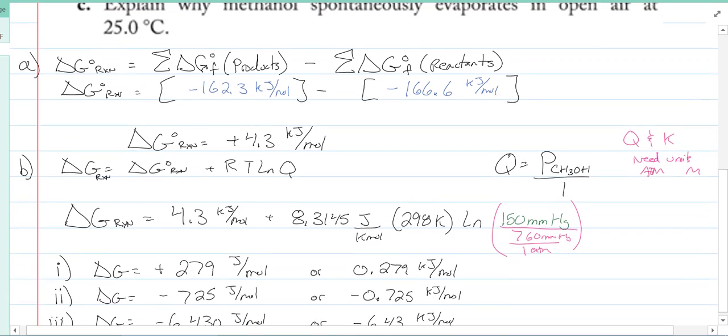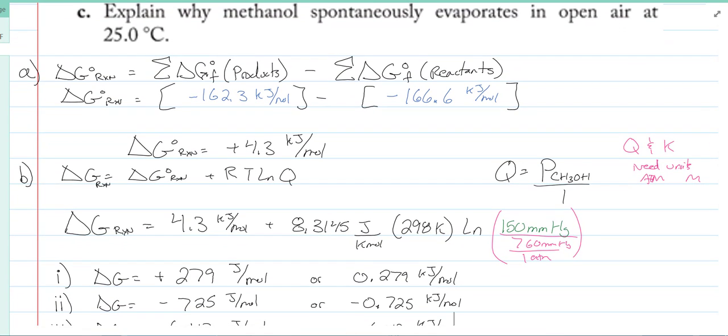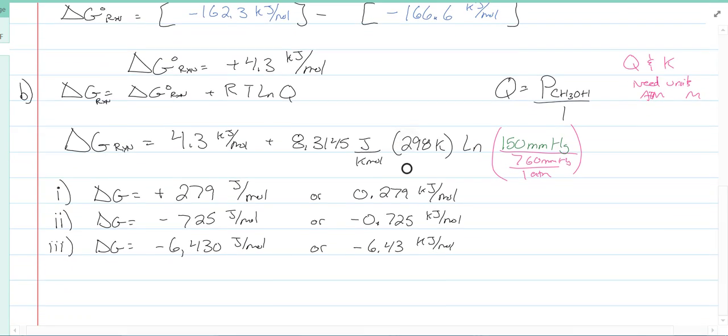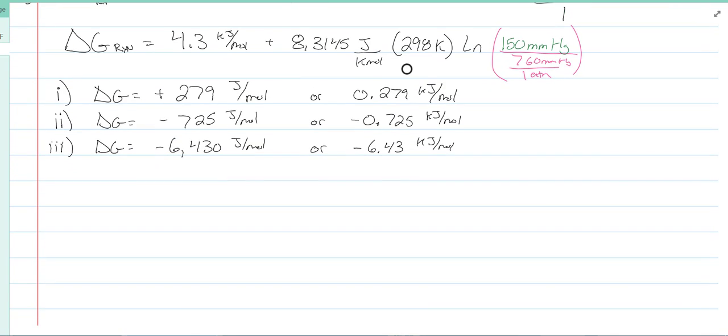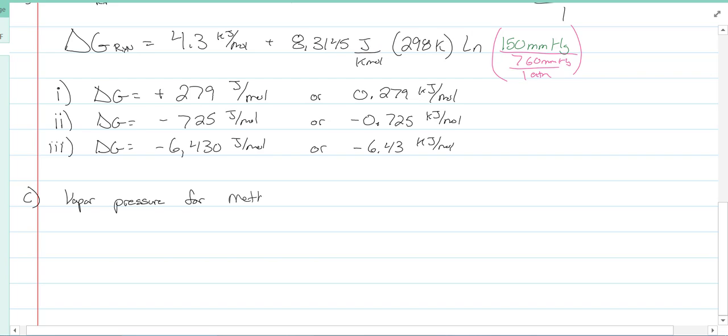For part C, explain why methanol spontaneously evaporates in open air at 25 degrees Celsius when delta G is positive for standard conditions. Well, it's kind of just like the water example we did for C here. Mainly because the vapor pressure for methanol is low.